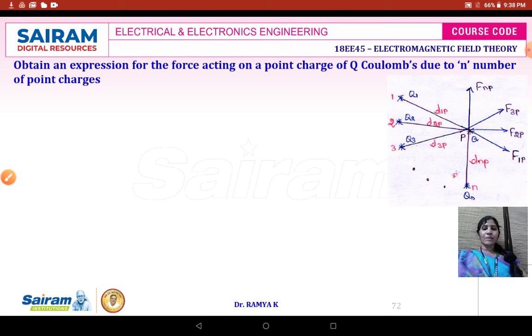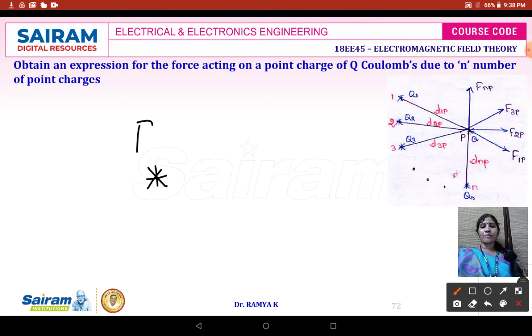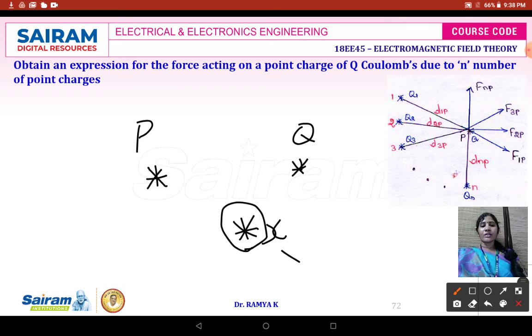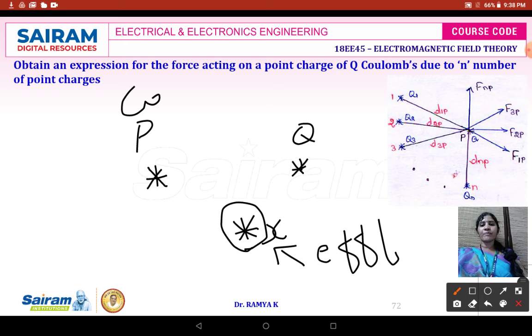Same thing, suppose I am giving 2 point charges placed at point P and point Q, and point X is also there. Here, if I'm asking you to identify the force at point X, then this particular point will become the effect and the other 2 points are going to become the cause.